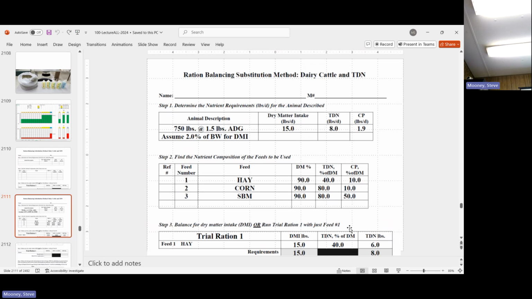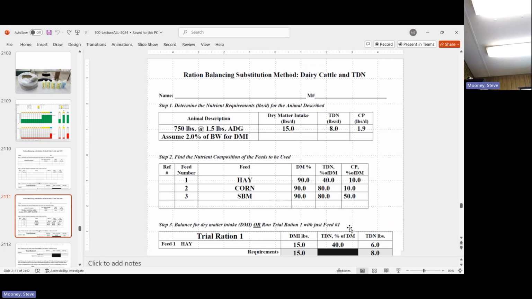A little bit, but that's like 2%. 2% of body weight is fairly standard for a heifer. You could probably get more in that if you lower the NDF, but 2% is fairly typical.